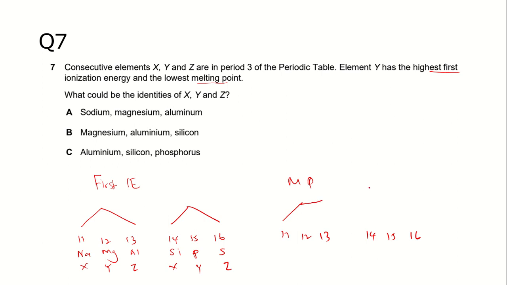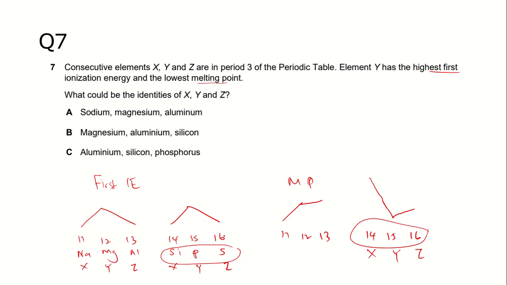Silicon has the highest in period 3, then it goes all the way down to phosphorus, then increases a little bit for sulfur. It says Y has the lowest melting point in the combination. For first ionization energy, these two are the possible answers. Now, looking at the melting point, phosphorus is the one with the lowest melting point. So our X, Y, and Z will be this combo.